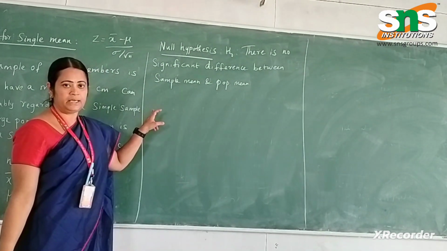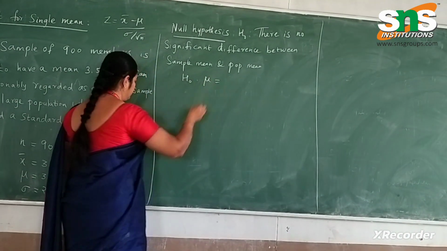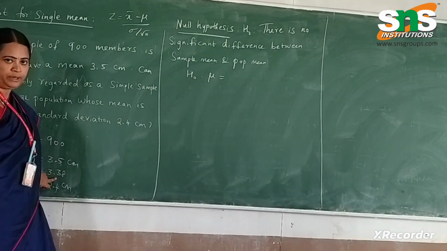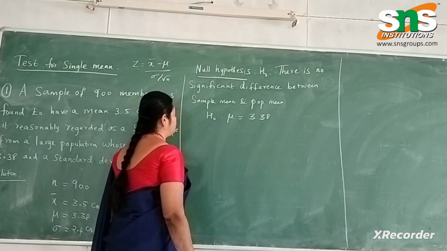So that is, you have to take H naught to be mu is equal to whatever is given in the problem. So here our mu is 3.38. So mu equal to 3.38 is our H naught.